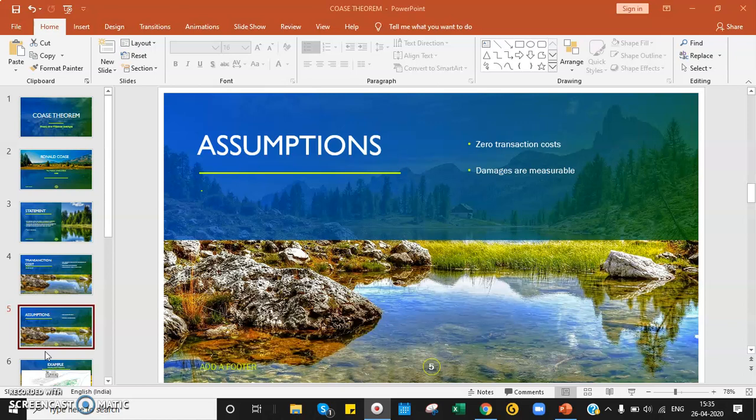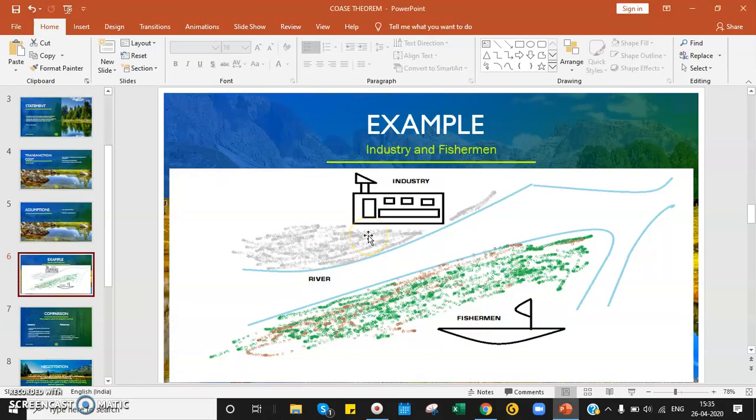Now in order to see the practicality and implementation of this theoretical framework, we need to see a particular example. The issue in the example is such that there are two parties, fishermen and the industry, and there is one common environmental good which is a river.